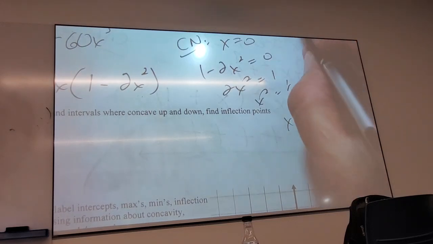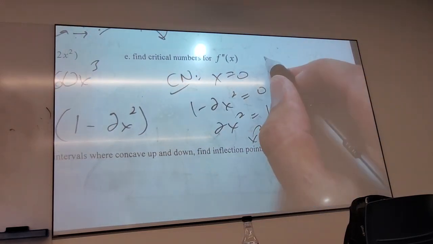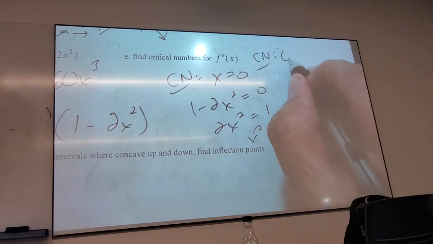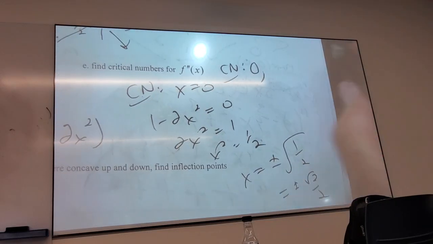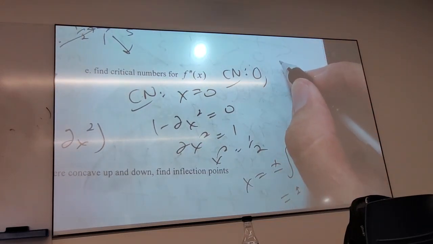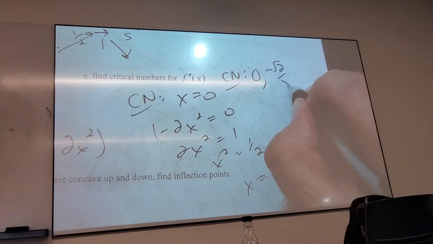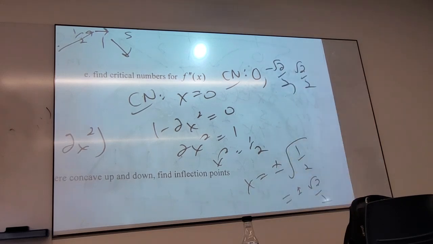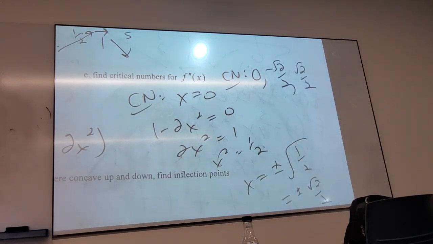So how many critical numbers did we get for the second derivative? Did we collect them all? 0? What's another one? Negative rad 2 over 2? Positive rad 2 over 2. So we got 3 critical numbers.